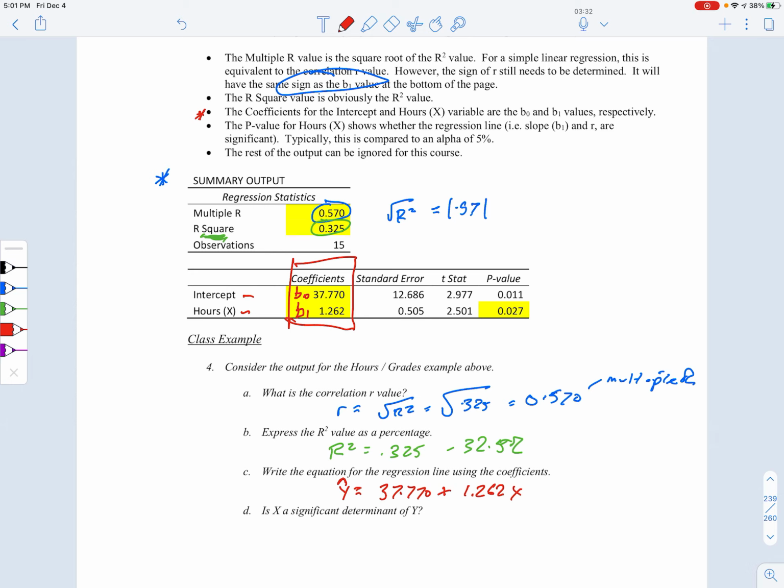Now, the last thing I want to note here is this guy right here. The p-value for hours shows whether the regression line is significant. So here's what we're testing. I'm giving you an idea of where we're going in terms of regression. The null hypothesis is that the x has no effect on y.